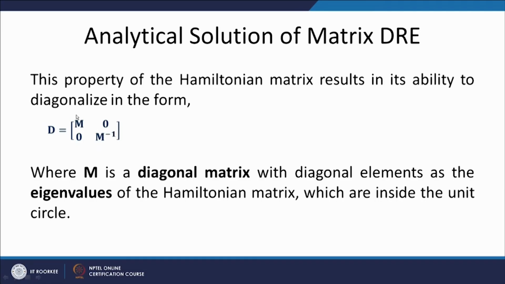So, I can diagonalize the Hamiltonian matrix in such a way that all eigenvalues less than 1, inside the unit circle, form one set, and the eigenvalues outside the unit circle, greater than 1, form another set, all placed in the diagonal form.